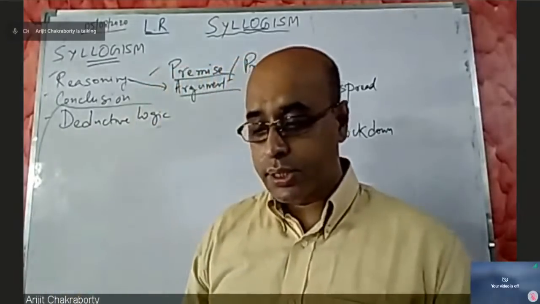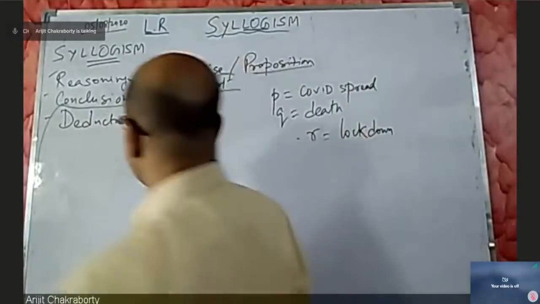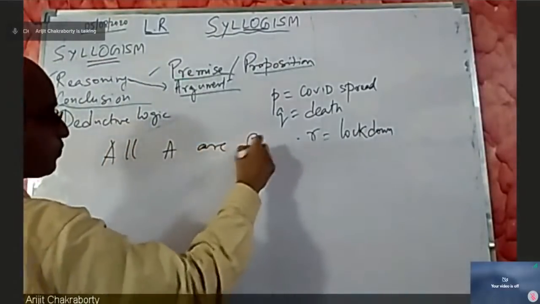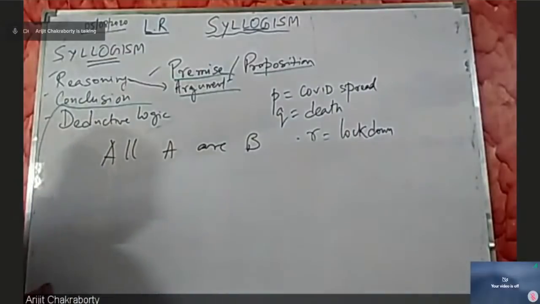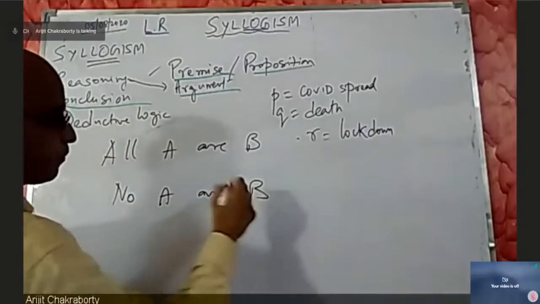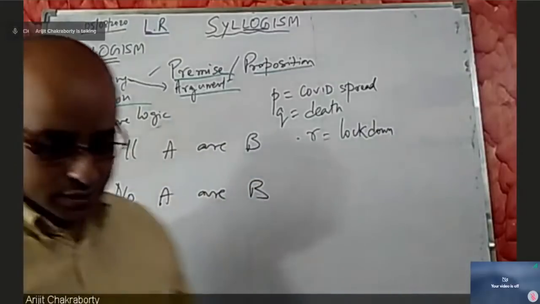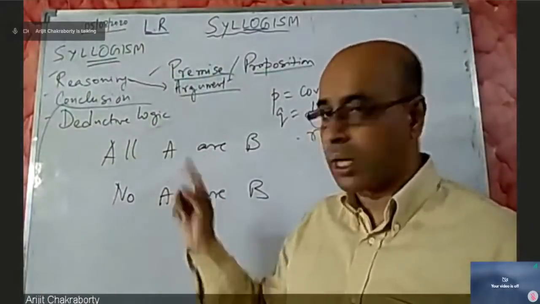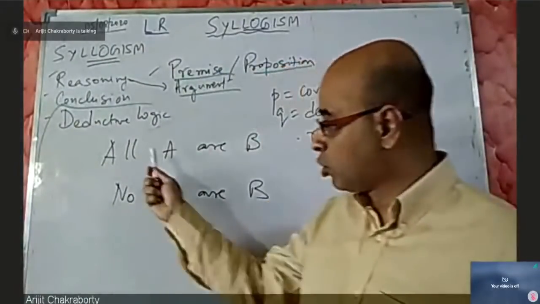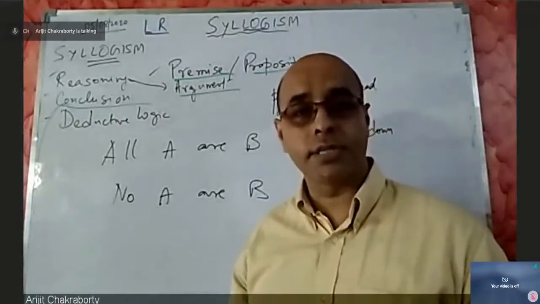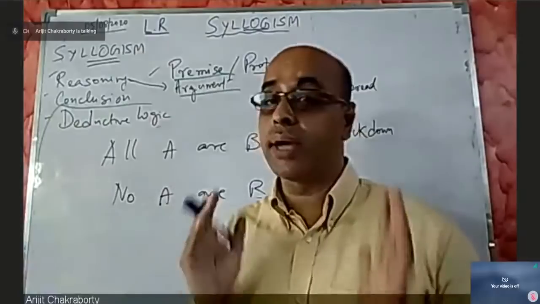Another example, say if I write all A are B, and if I write no A are B. There are two statements here. Now please note this term. It is a proposition. Both are propositions, both are statements. Both are premises. Please try to understand and listen very carefully.